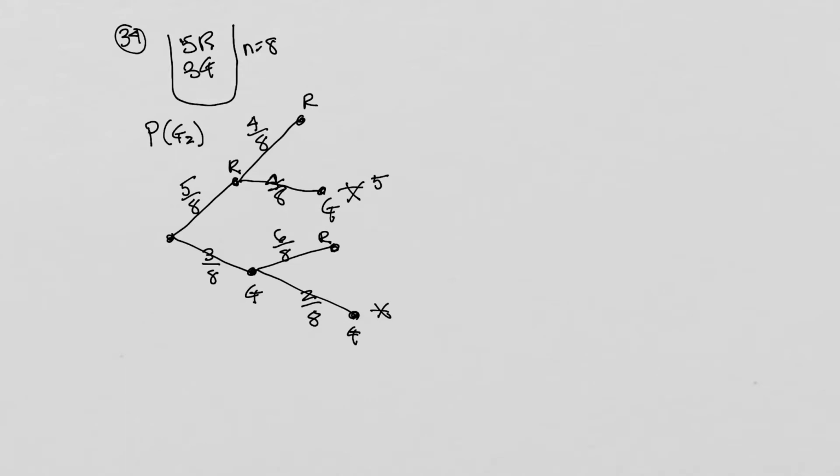We could get 5/8 times 4/8, or plus, a green and a green, 3/8 times 2/8. When I added these together, I got 0.4062, or 0.4063 if you like.